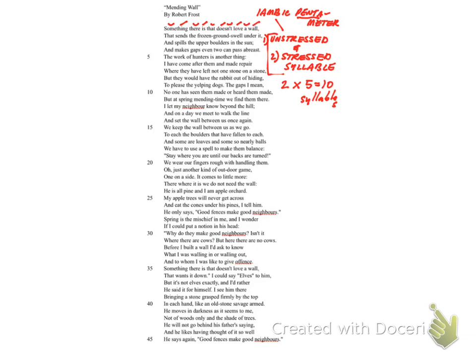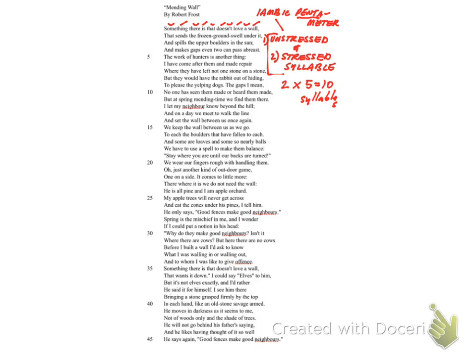Something there is that doesn't love a wall. And so we have 10 syllables, 10 little lines, and the little cup is unstressed. The line means it's stressed.